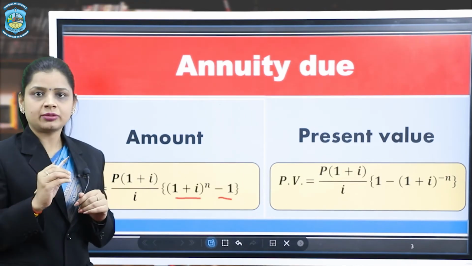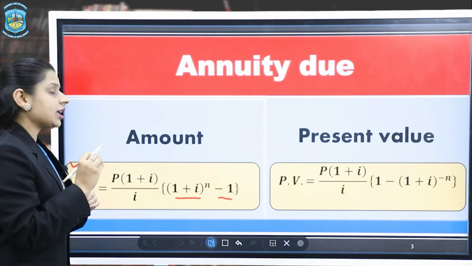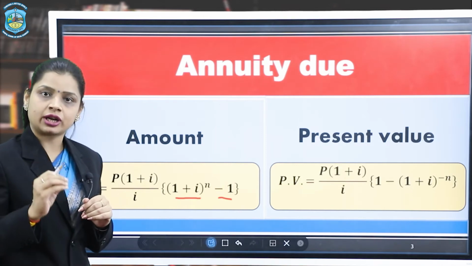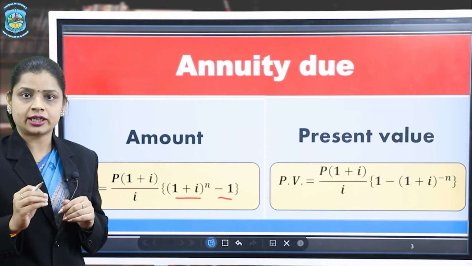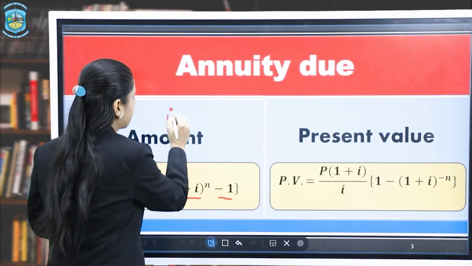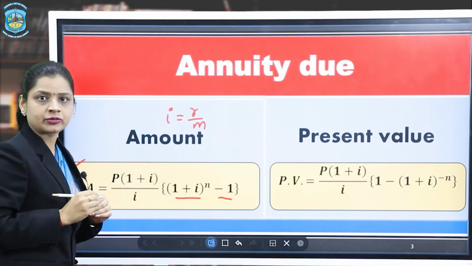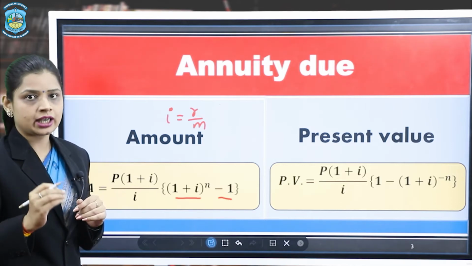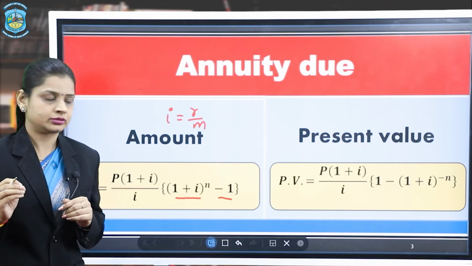The term A means amount of annuity due, P is the value of each installment, i is the rate of interest per period, and we may calculate this i by using the formula r by m, where r is the rate of interest and m is the number of installments in a year.